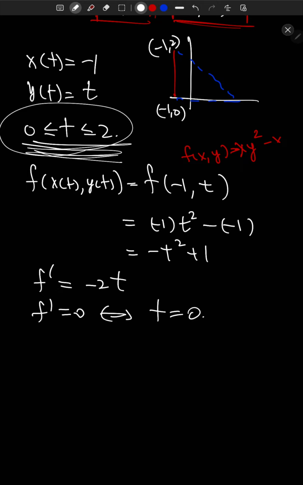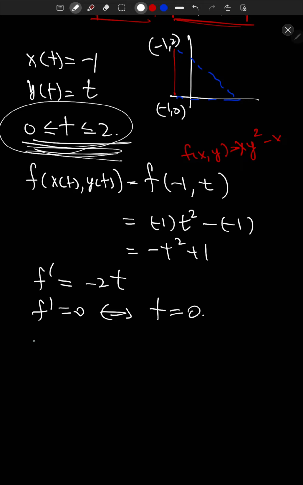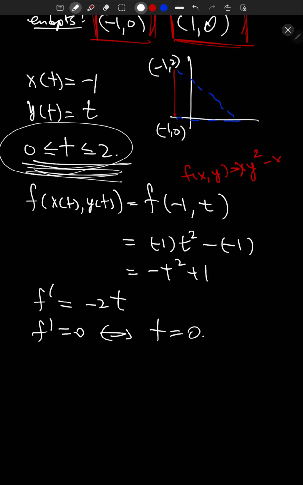And so that gives me my candidate when t equals 0, x of 0 is -1, y of t is 0. So my candidate is going to be -1, 0. All right. And again, in this particular problem, it happens that my candidate was one of the endpoints. Perfectly legal.